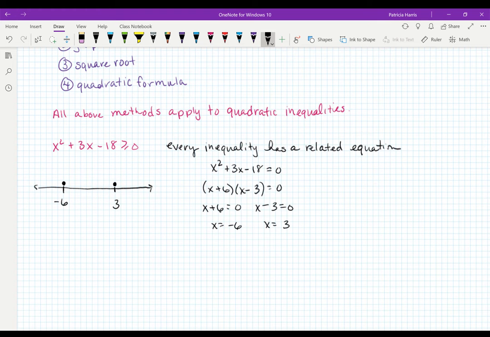So we're going to pick a test value in each of the 3 pieces of the number line.